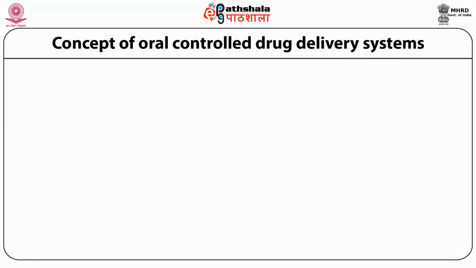Generally speaking, the conventional system of drug delivery produces unpredictable fluctuations and sometimes the drug is not absorbed completely to produce sufficiently high concentrations in the bloodstream and tissues.